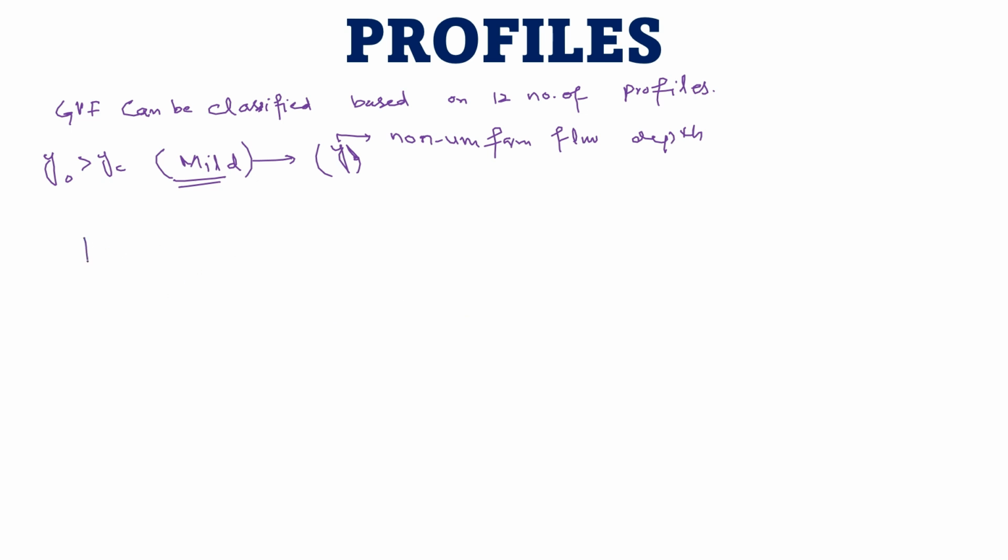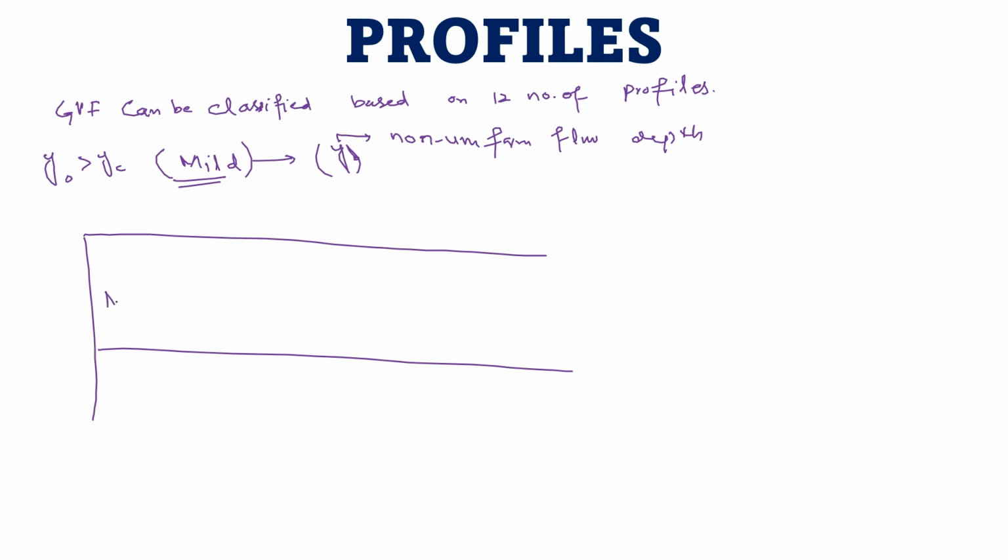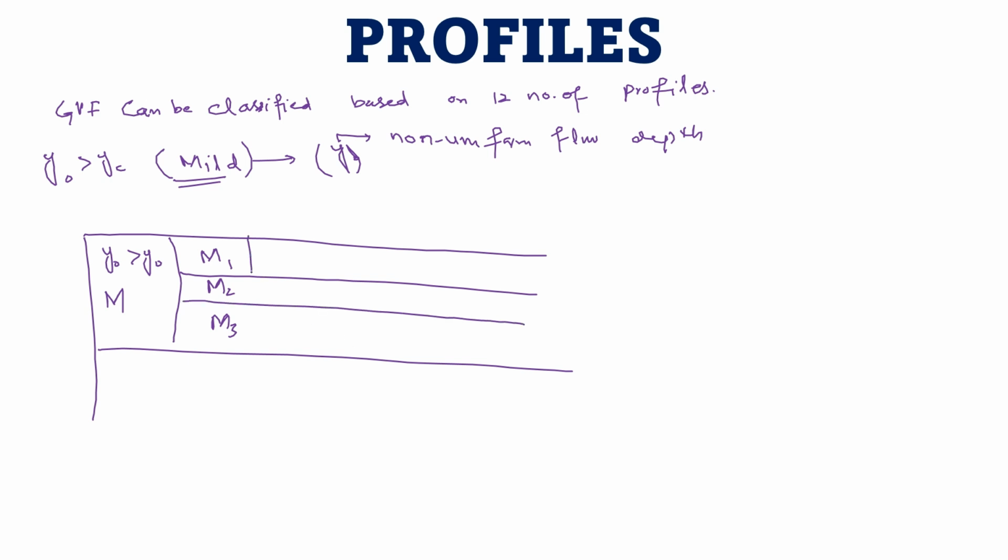At first instance, we found that the slope profile is M because Y naught is greater than YC. So whether we say M1, M2, or M3, what are the conditions? For this, we will simply compare Y with Y naught and YC.